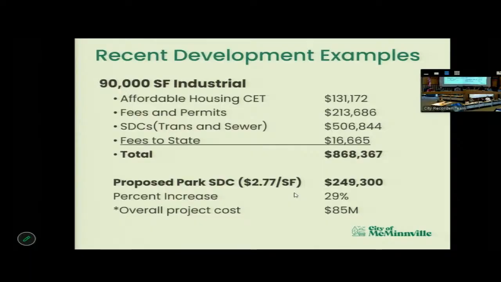Correct. So the 85 million is how much that expansion cost that business. It includes the equipment that they purchased and installed, and all sorts of things that are outside of our building permit value. What I'm saying is, if you wanted some sort of comparative across all the projects, the constant is the affordable housing CET is 1% of the building permit value. Okay. Thank you.